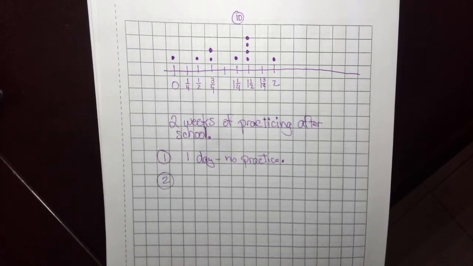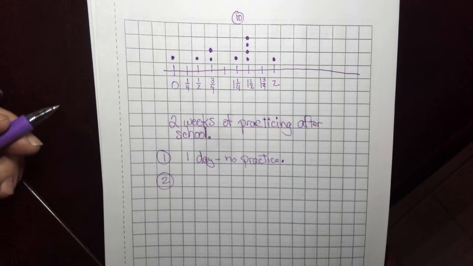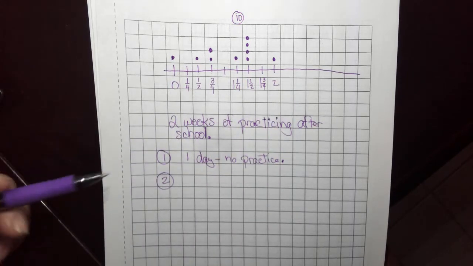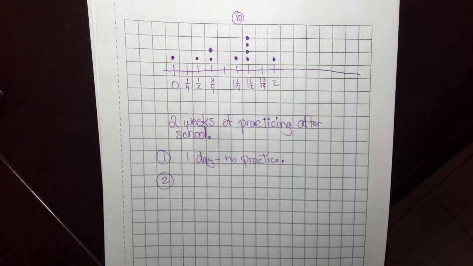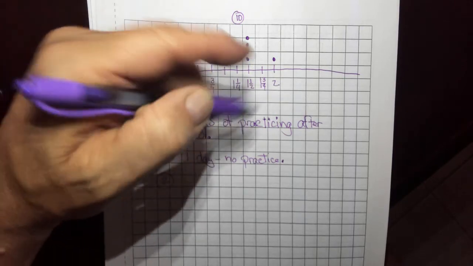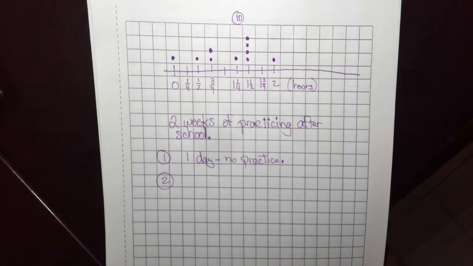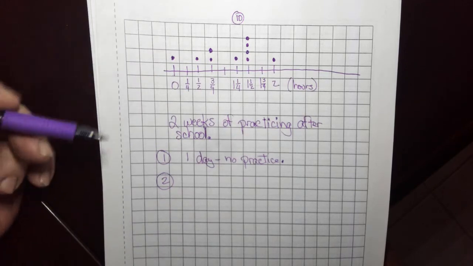On number 2, it says, how many days did Raphael practice for exactly 90 minutes? Well, none of these say 90 minutes, so you've got to be able to figure out what is, since this is in hours, that's what our plot said down below, we've got to figure out what 90 minutes is.